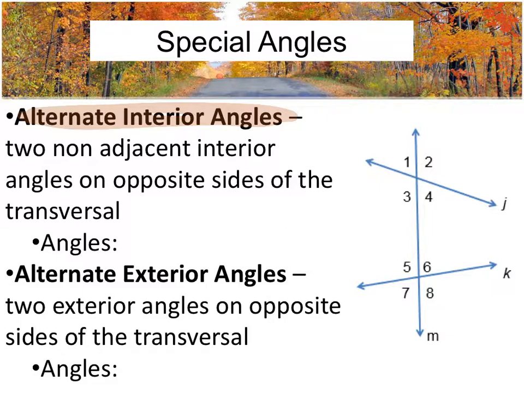And alternate exterior angles are also in pairs, two exterior angles on opposite sides of the transversal.